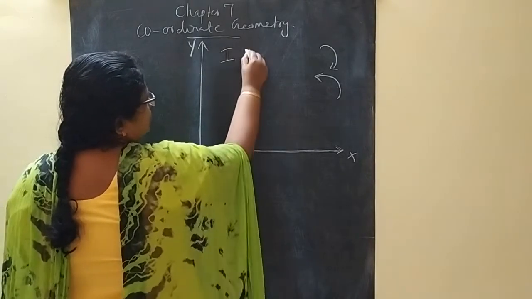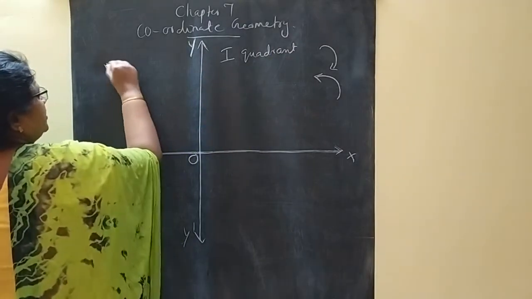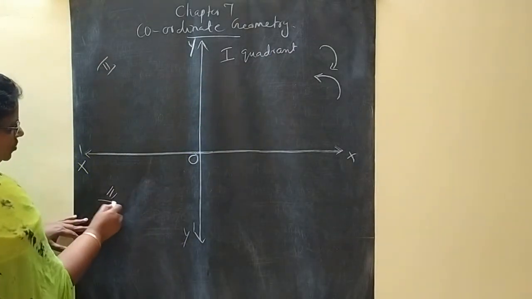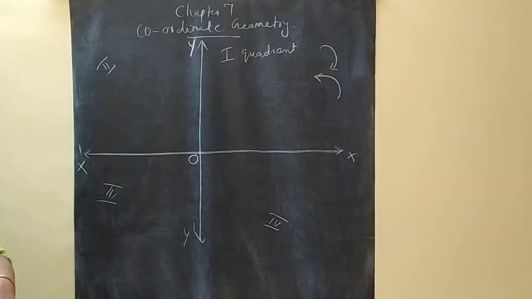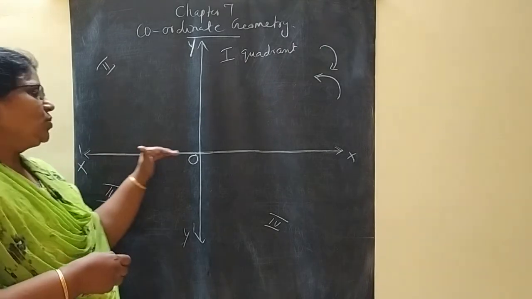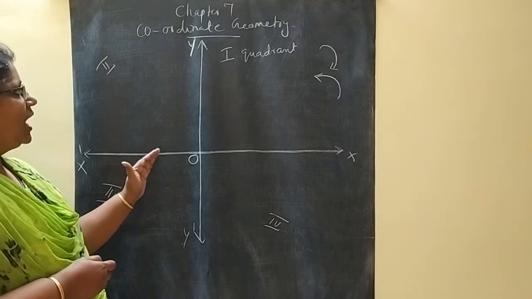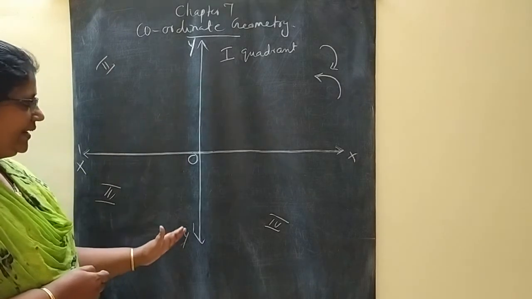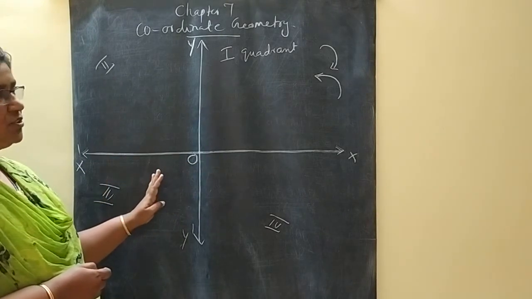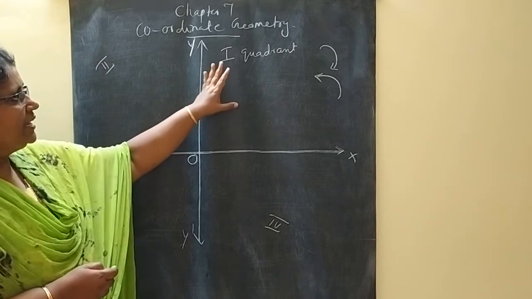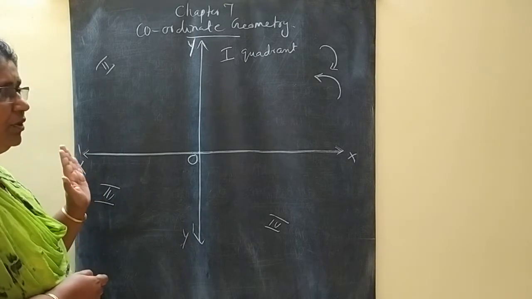So, this is called the first quadrant. This one is called the second quadrant. It is called the third quadrant. And this is called the fourth quadrant. So, a horizontal axis x or x dash or x axis and a vertical axis y or y dash or y axis divides a plane into 4 quadrants, and the names we are giving in anti-clockwise direction from here to here. Okay.